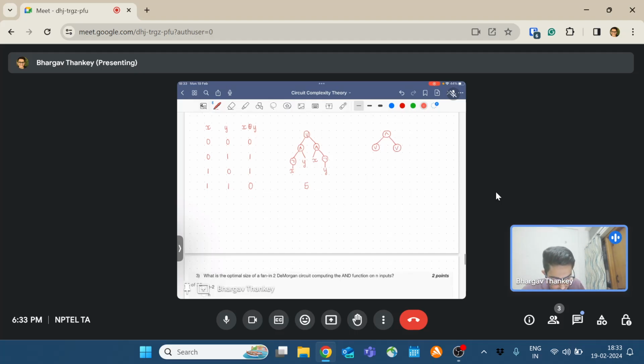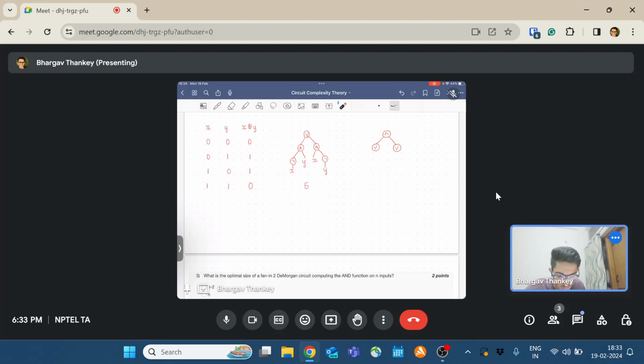I want it to be 1 when exactly one of x and y is 1.